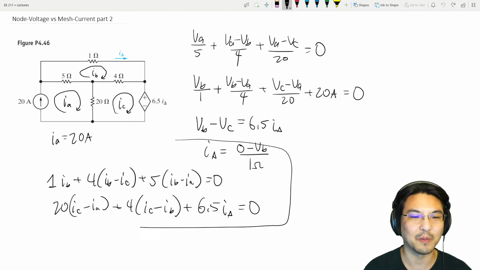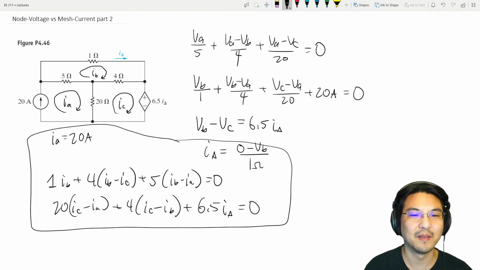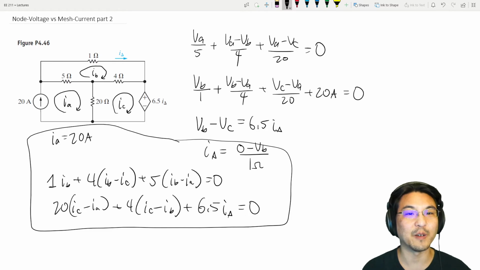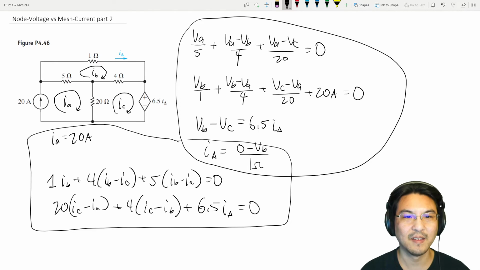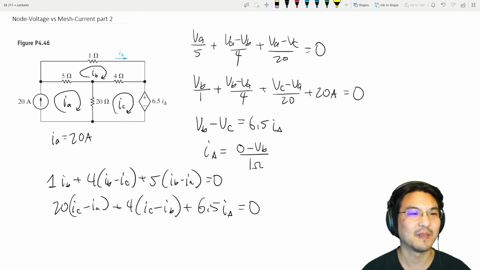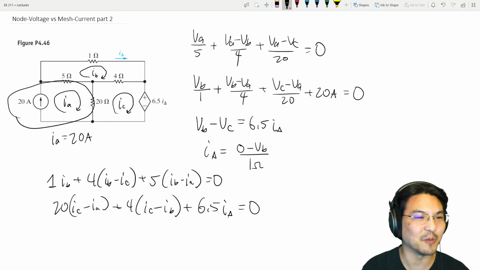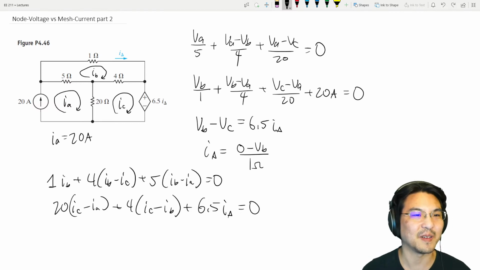So for the mesh current method, three equations, three unknowns, as opposed to the node voltage method, four equations, four unknowns. So for this particular problem, the mesh current method was arguably easier because of the thing that kind of caught my eye right here.